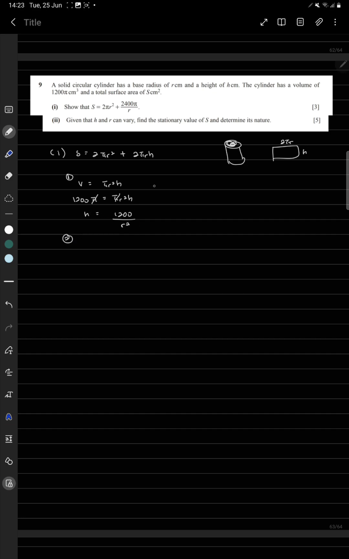Now let's substitute this h into the s equation. So s is equal to 2 pi r square plus 2 pi r, then h is 1200 over r square. So we have 2 pi r square plus 2400 pi over r, and then shown.